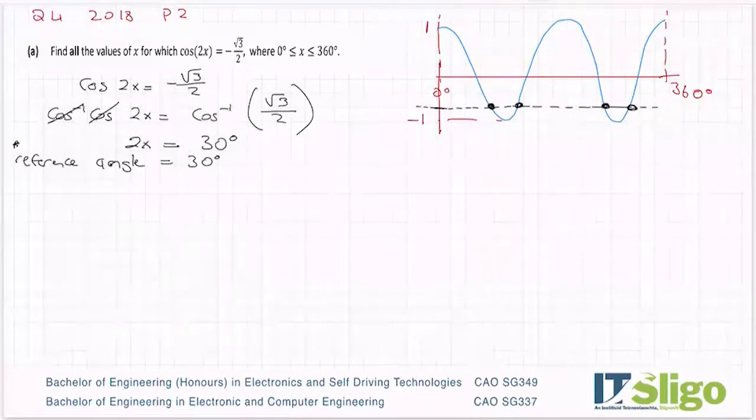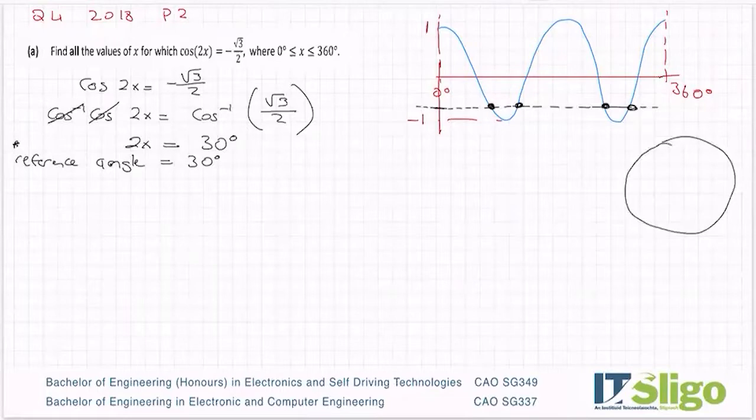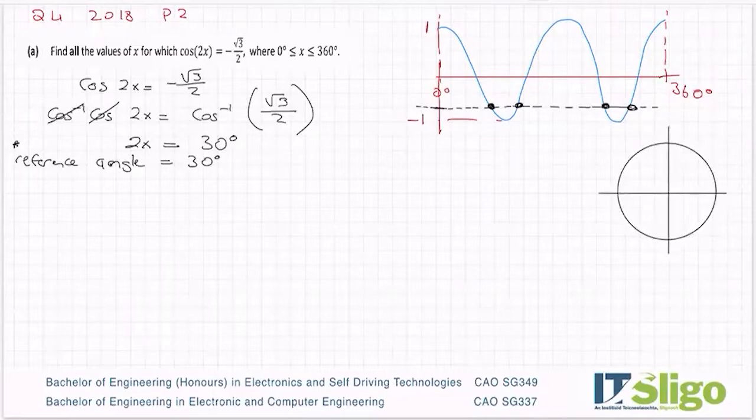Okay, so I draw my cast. Let's see if I can draw a better one than that. I fill in my CAST, okay? And now this is where I use the minus. So where in my unit circle is cos negative? Okay, well, we know all is positive here.